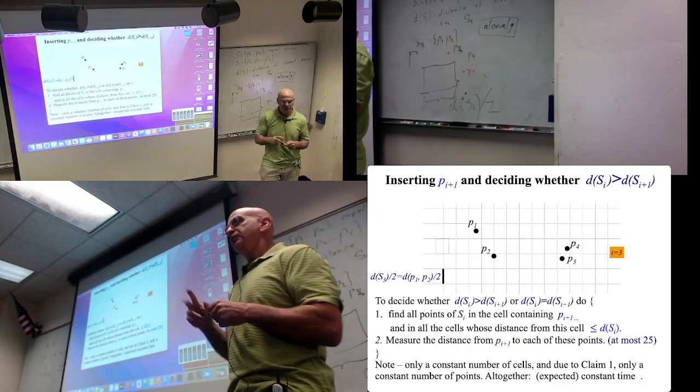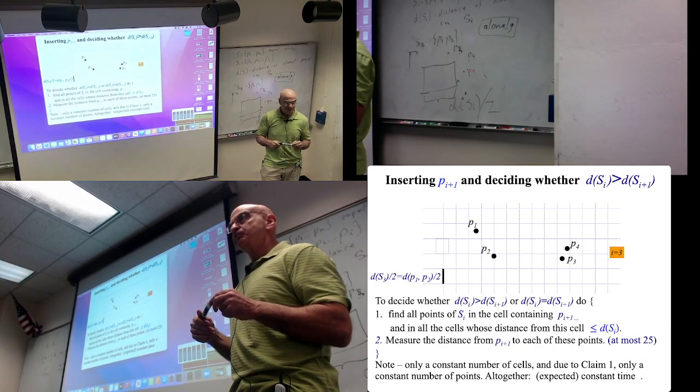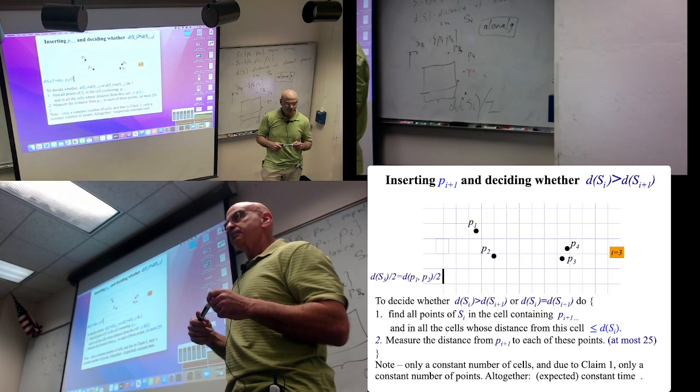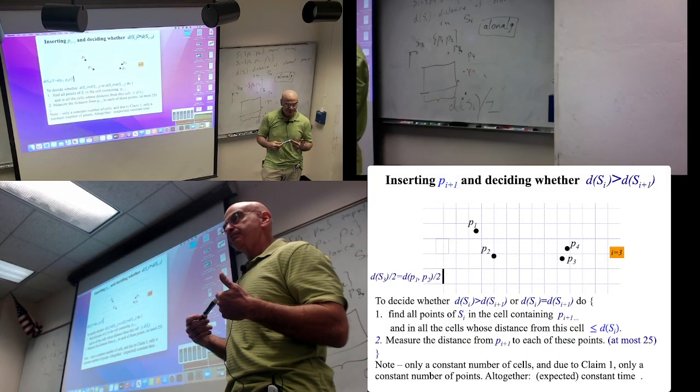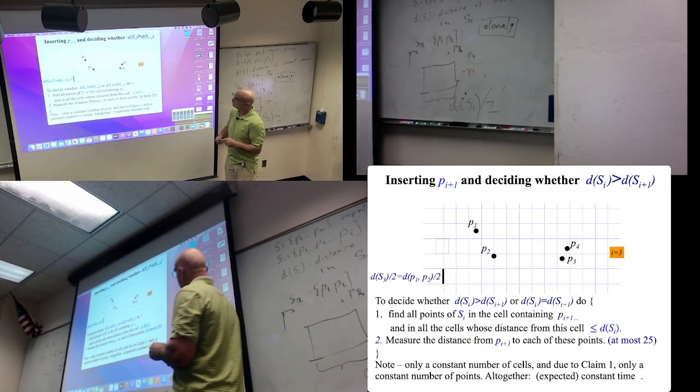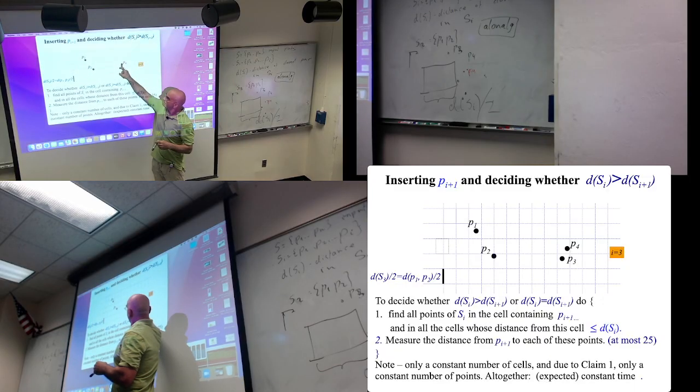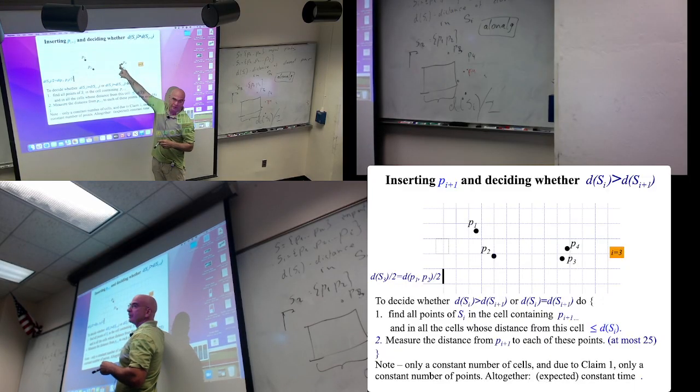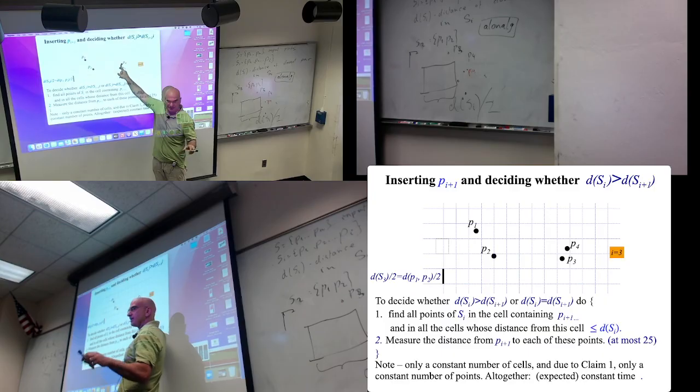Where is the other point of this closest pair, if any? Where should I check? Obviously, if there is a point in the same cell as P4, definitely it's very suspicious. It might be the new closest pair. I'm still not sure that it's a new closest pair, but definitely d(S_i) is going to decrease.